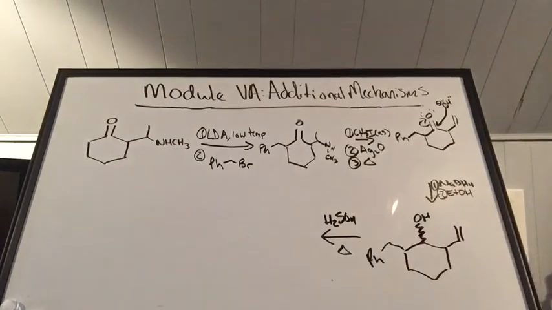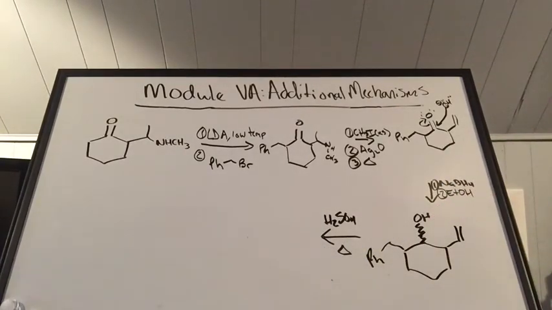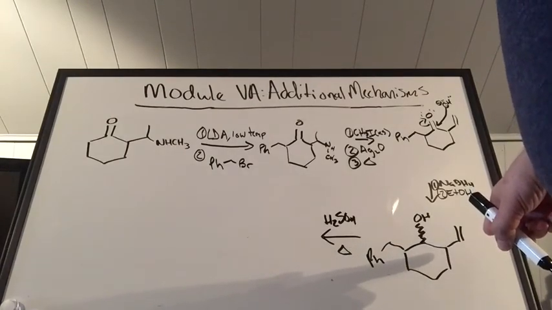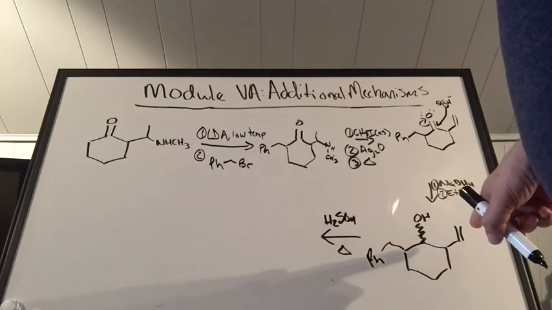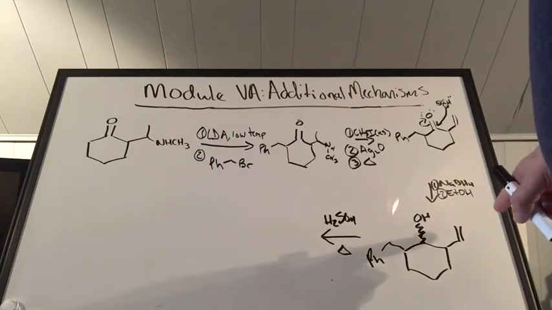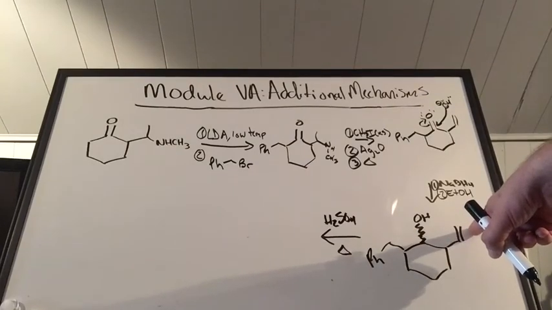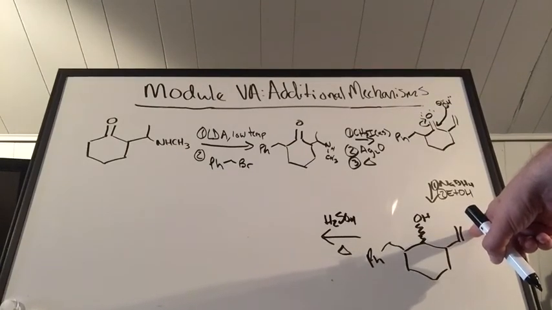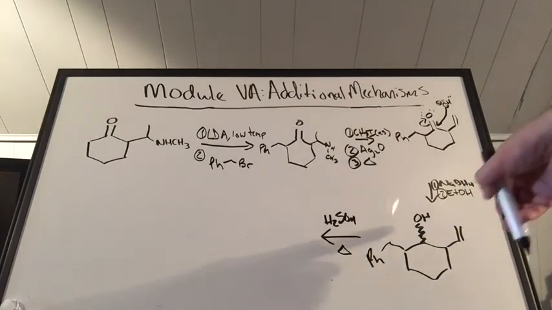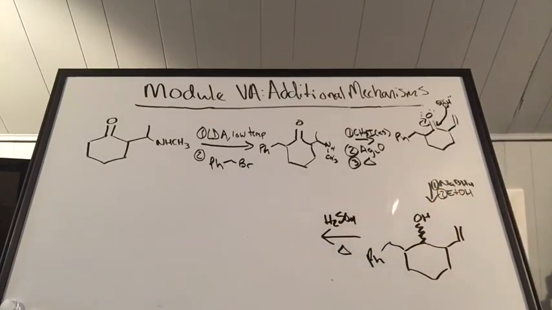Okay. Now, we have an alcohol. We have H2SO4 and heat. Okay, so what's going to happen is this is going to form an actual ring formation, right?